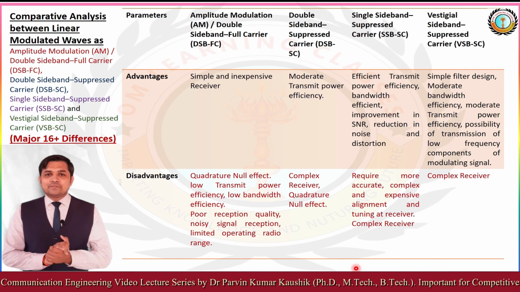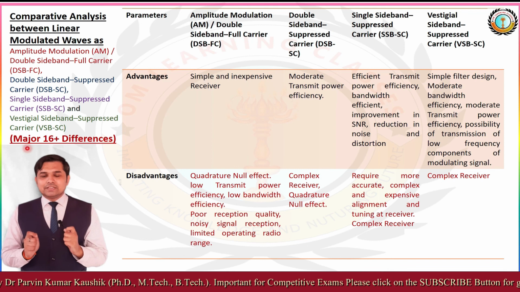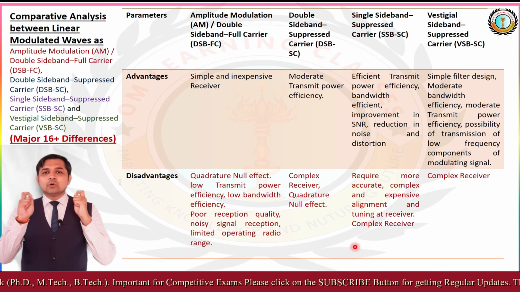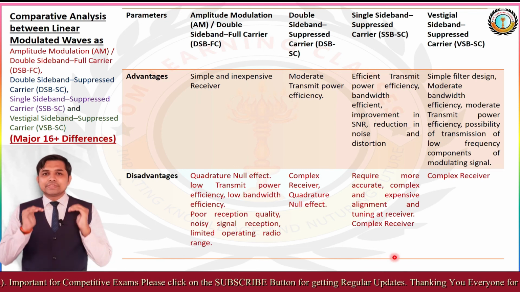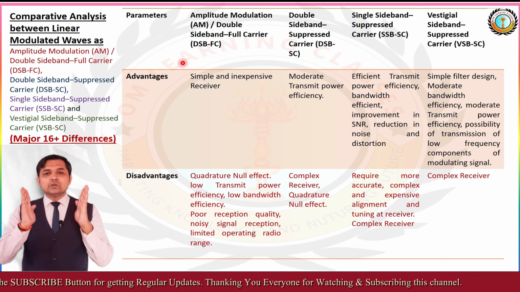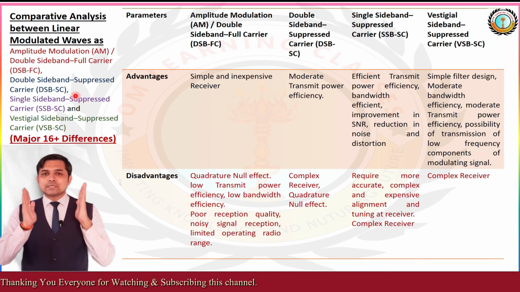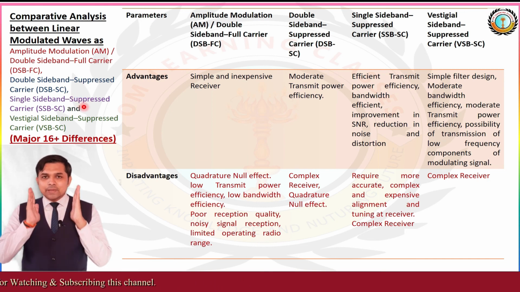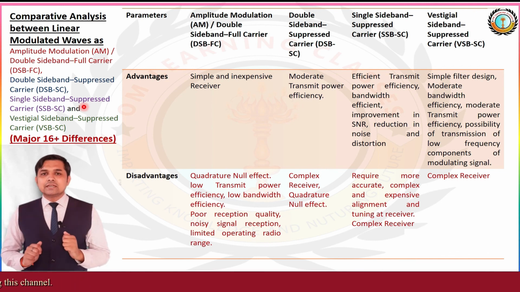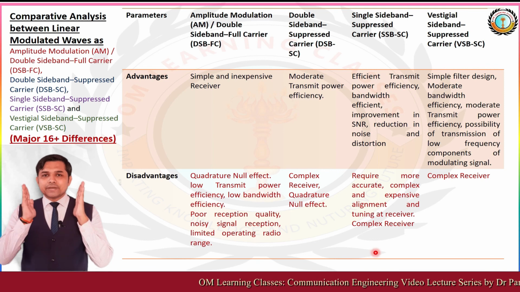So with this, we completed the comparative analysis between 4 linear modulation schemes that can be DSB full carrier, which is by default known as AM, DSB-SC double sideband suppressed carrier, SSB-SC single sideband suppressed carrier, and VSB-SC vestigial sideband suppressed carrier.